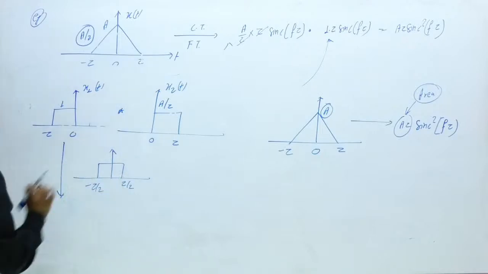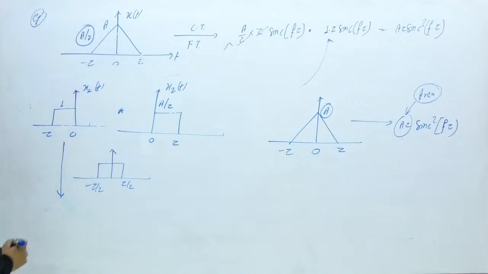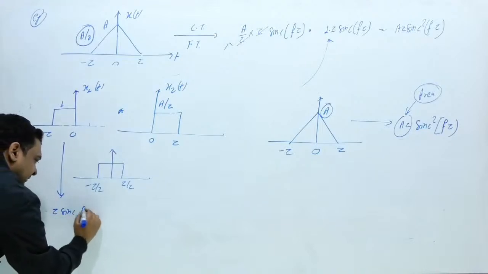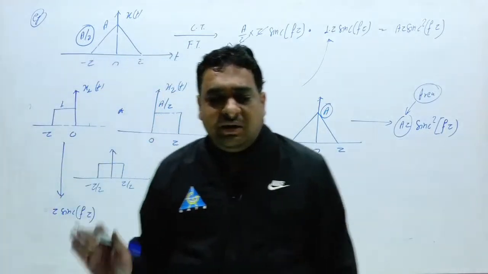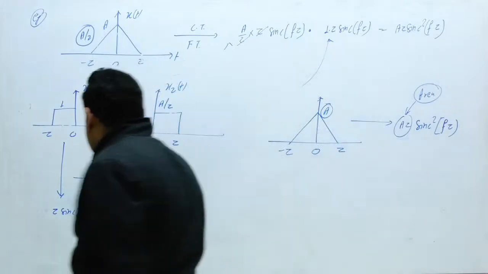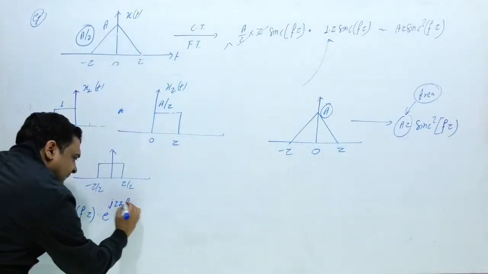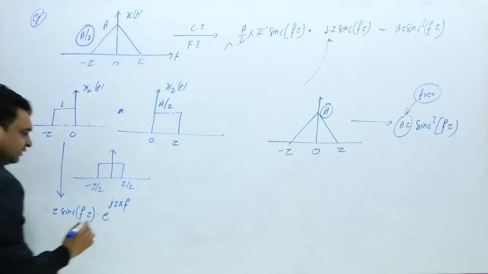This Fourier transform, or you can say this whole area, is 1 into tau. This is tau sinc f tau. Multiply the shifting property. Which side? Plus shifted means e raised to the power j2 pi f times how much shifted? Tau by 2.